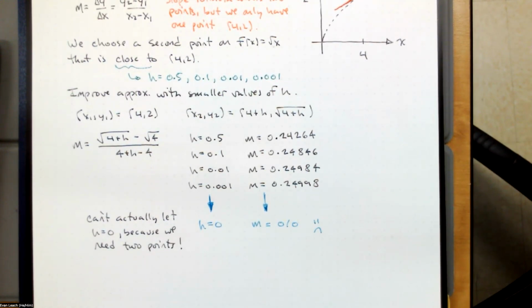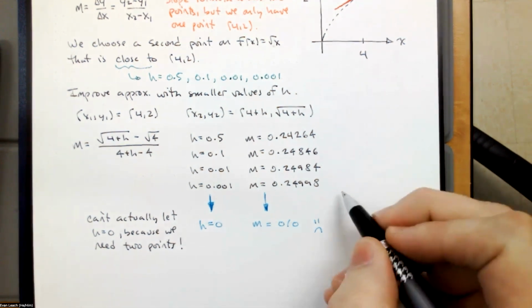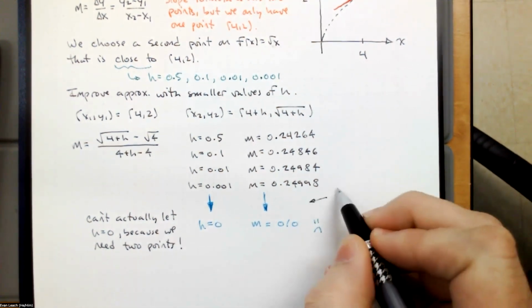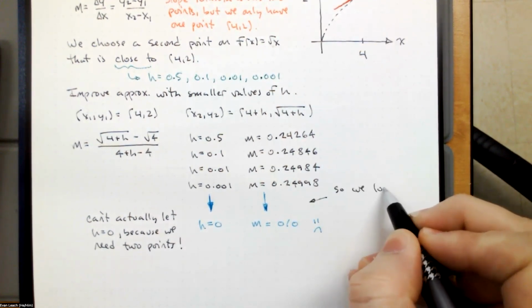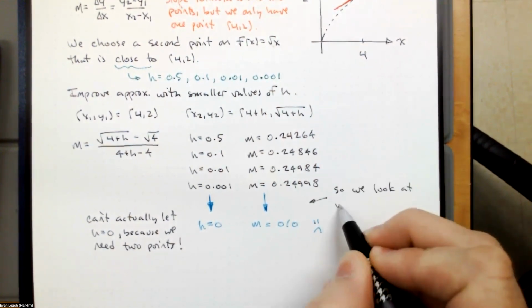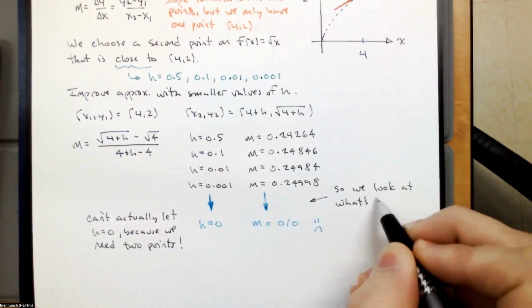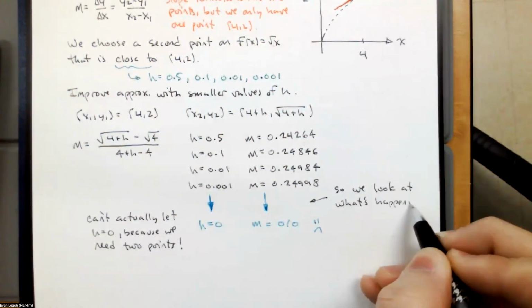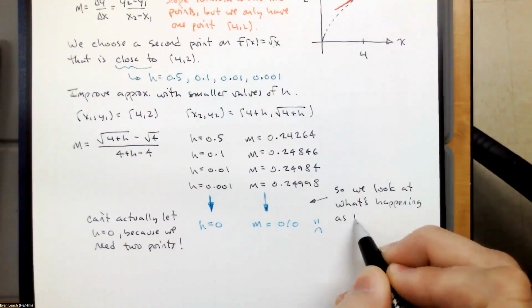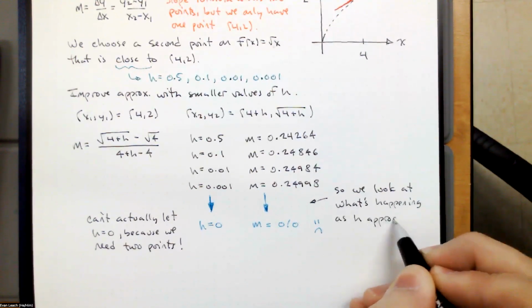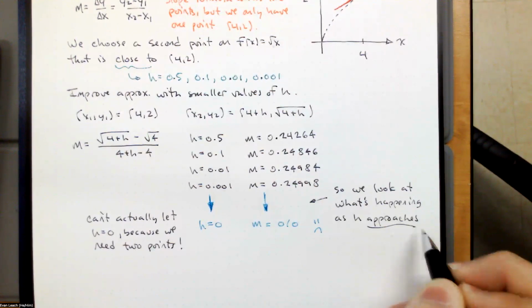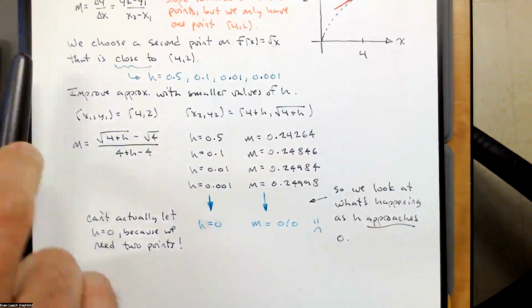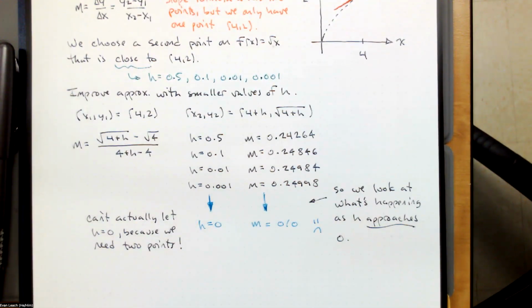We need 2 points for this slope business. But we can look at smaller and smaller values of h and see what's happening. We're looking at what's happening as h approaches 0.